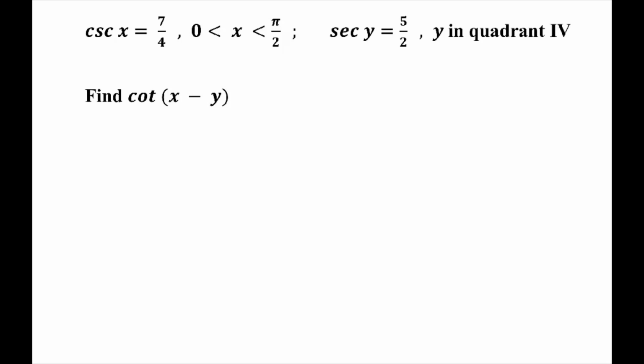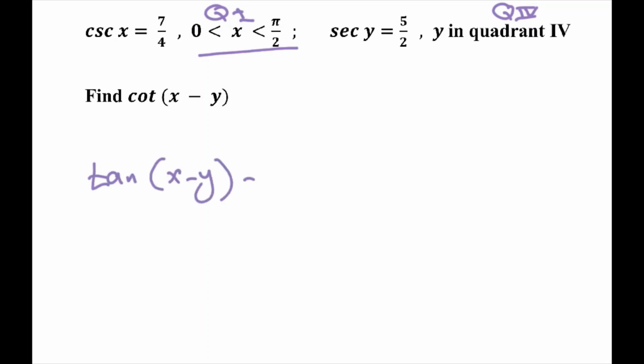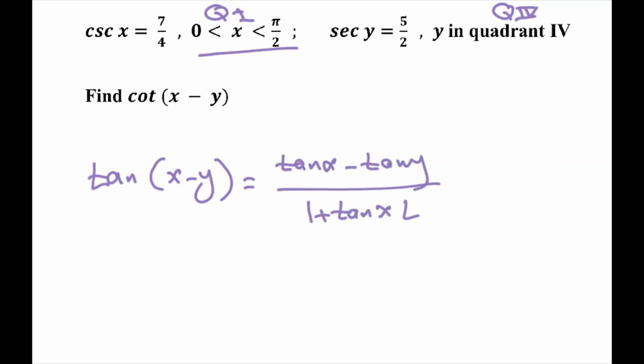Now in this question, cosecant x equals 7 over 4, where x is in quadrant 1, and secant y is 5 over 2, where y is in quadrant 4. Now they want us to find cotangent, and cotangent is basically 1 over tangent, cotangent of x minus y. The formula for tangent of x minus y is tangent x minus tangent y over 1 plus tangent x tangent y.